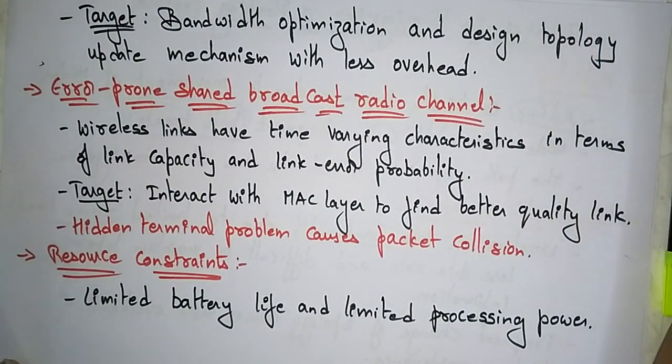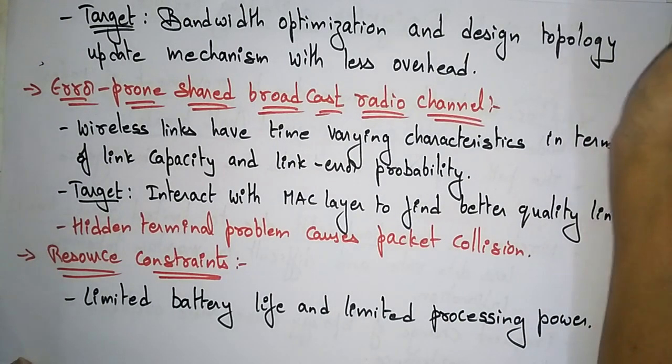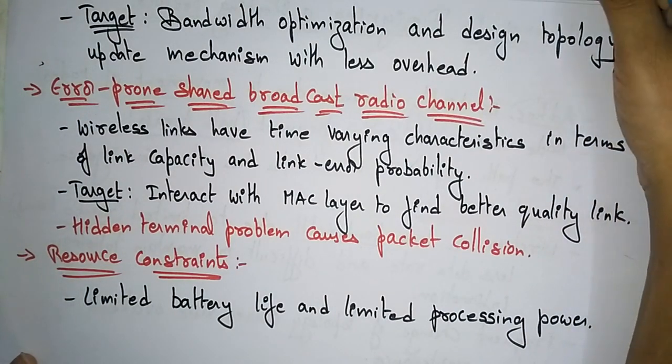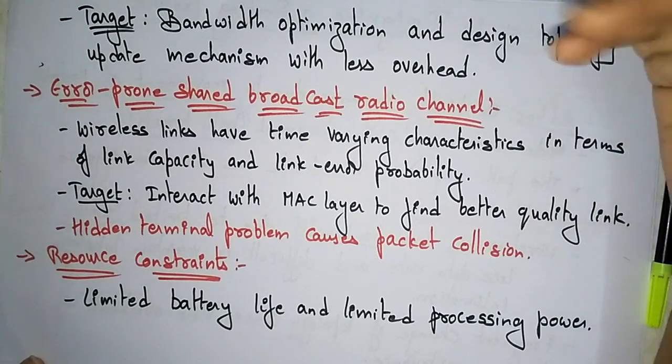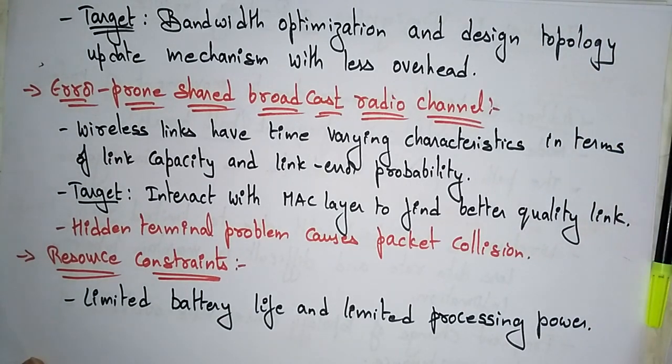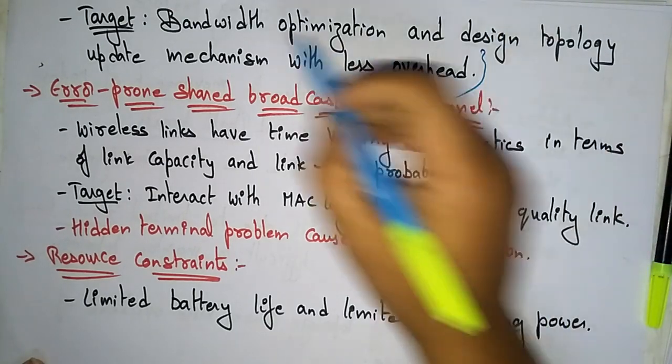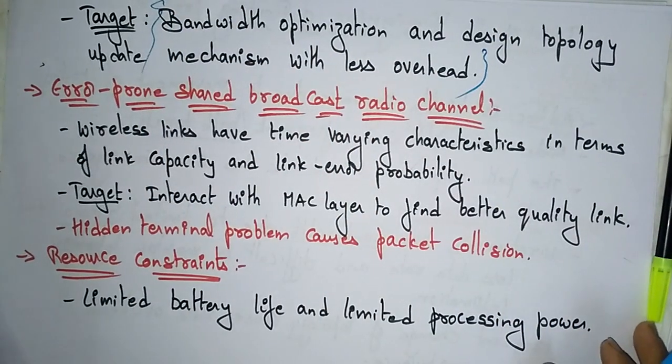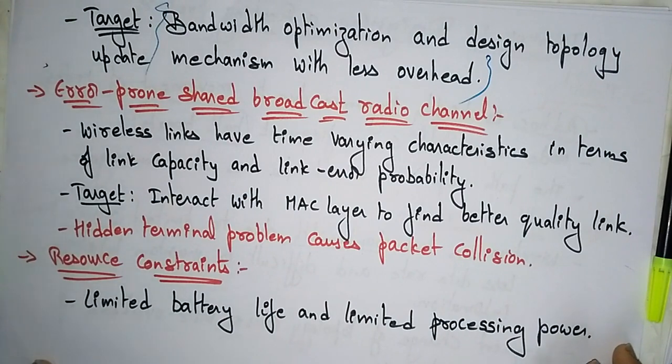Whatever routing protocol we are taking, the bandwidth optimization has to be designed, and the topology update mechanisms must have less overhead. That has to be kept in mind while designing a routing protocol, so the overhead of maintaining the topology should be kept low.